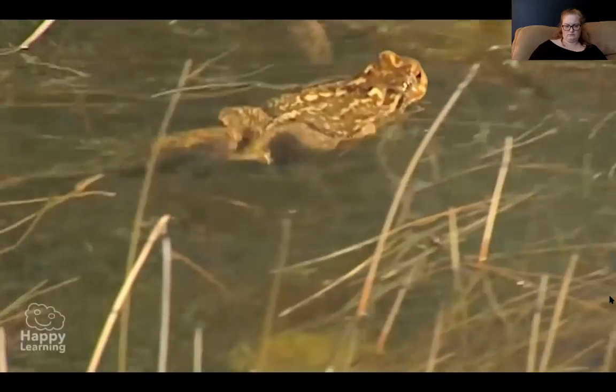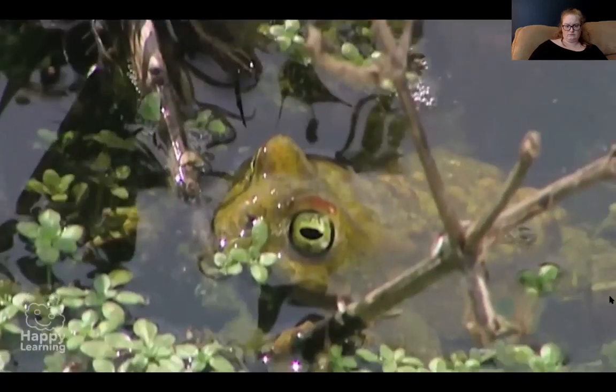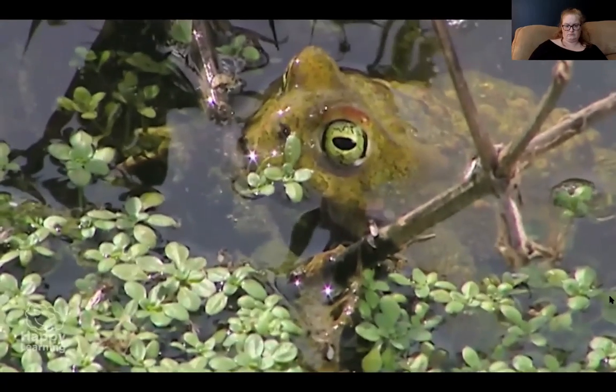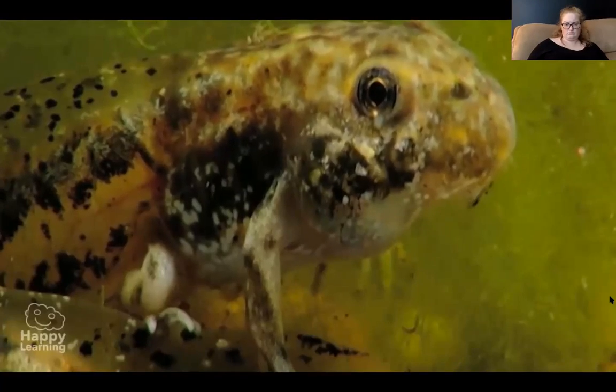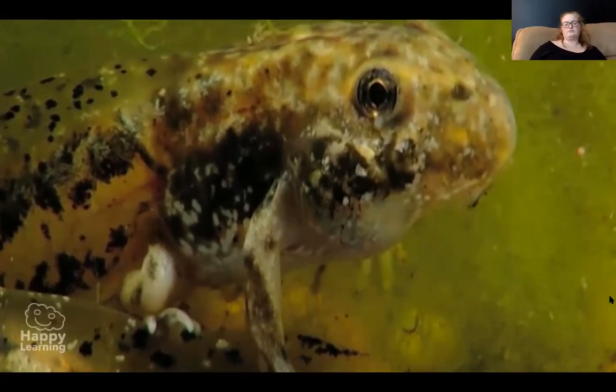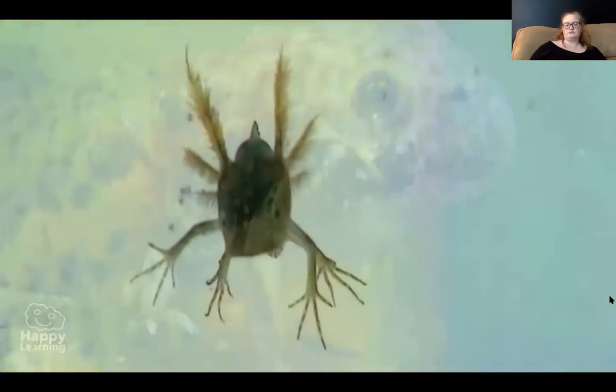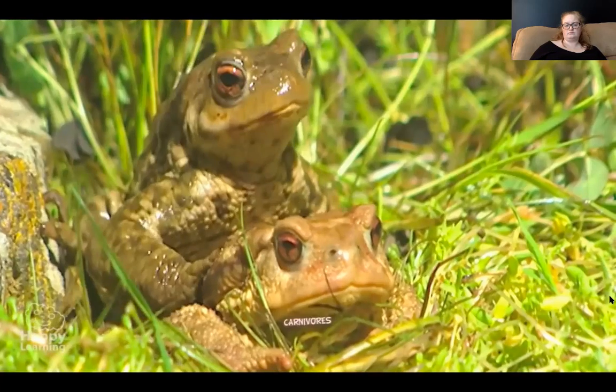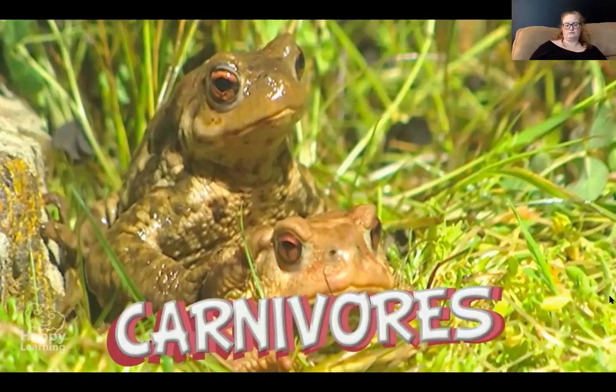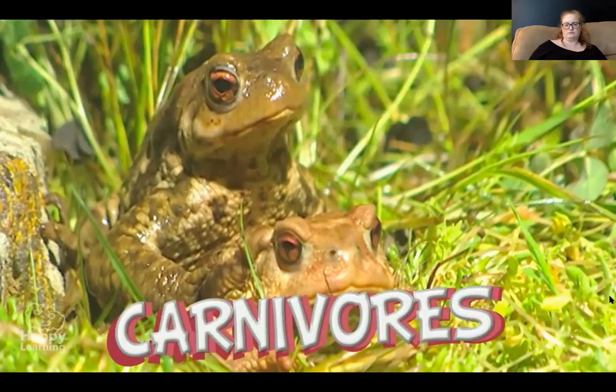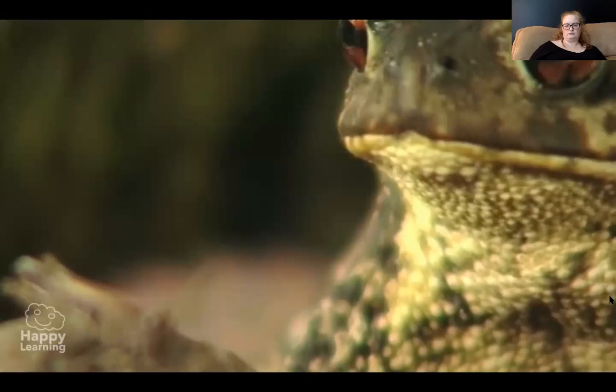That's why they need to be near water to keep their skin wet. In the early stages of their life, some amphibians are herbivores, but when they grow up, most become carnivores. So they need to hunt.